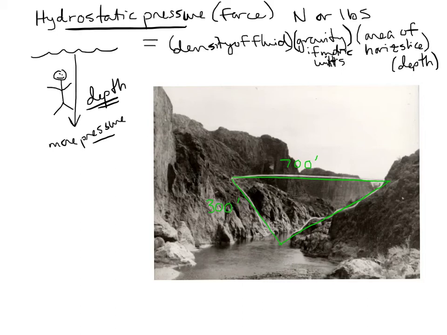Let's say that this dam is not quite all the way full. Let's say that it has water to a depth of 250 feet. I'm going to make a new page and redraw that triangle so that we can use it.